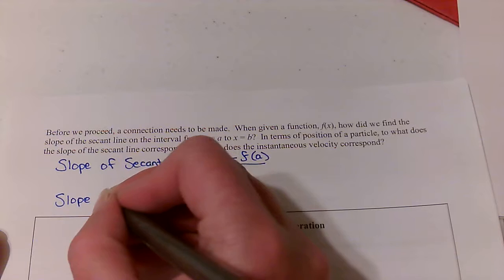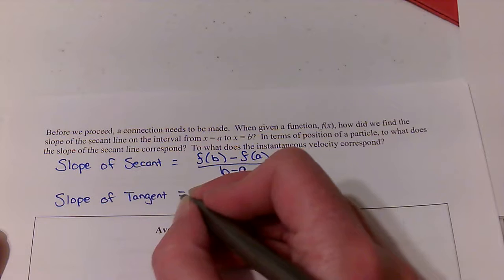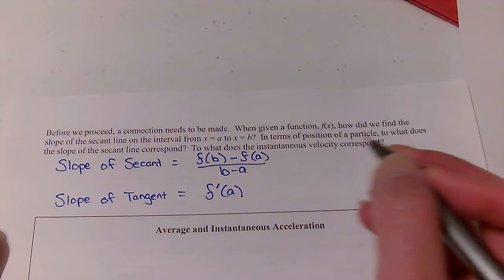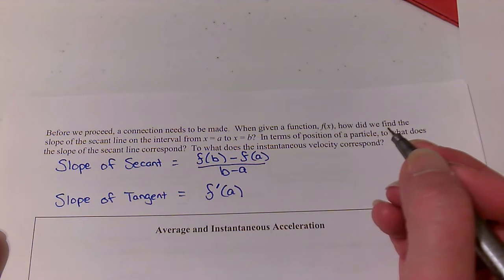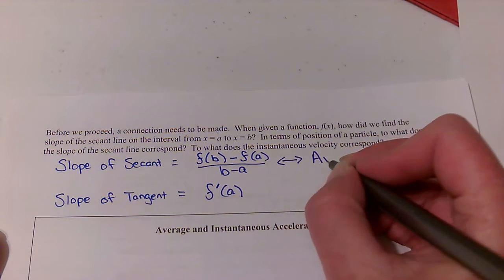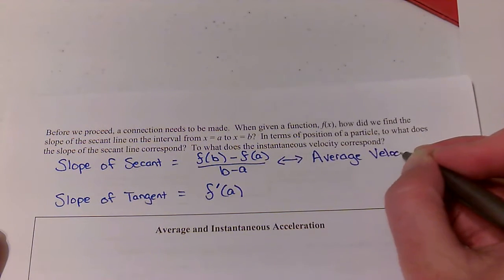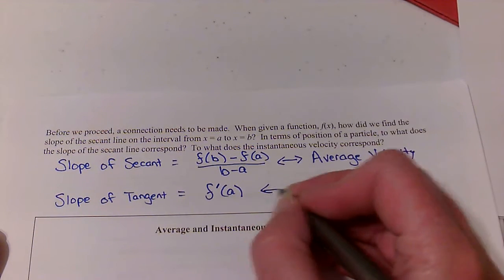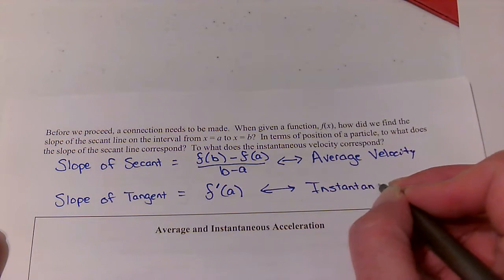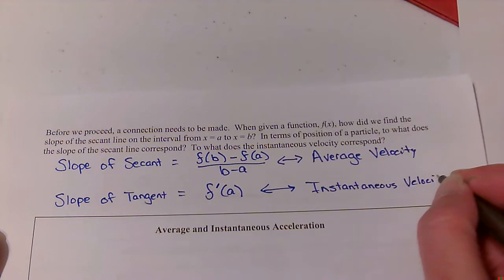Slope of tangent line would have been the derivative at some point. Notice how that's very similar to average velocity, average rate of change, and this is instantaneous rate of change, or in our case, instantaneous velocity.